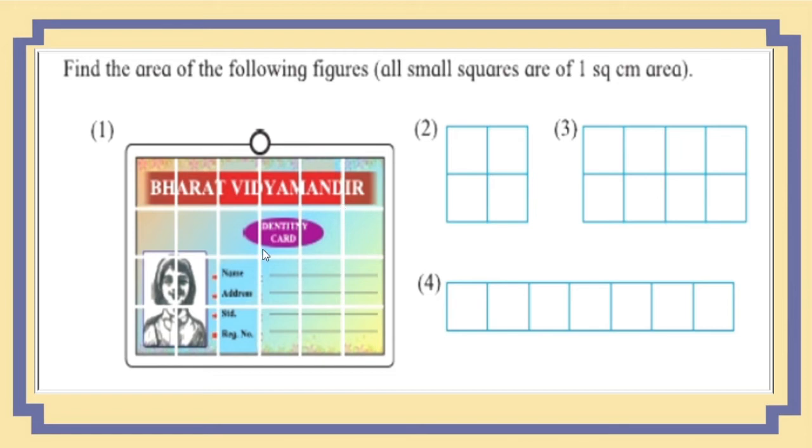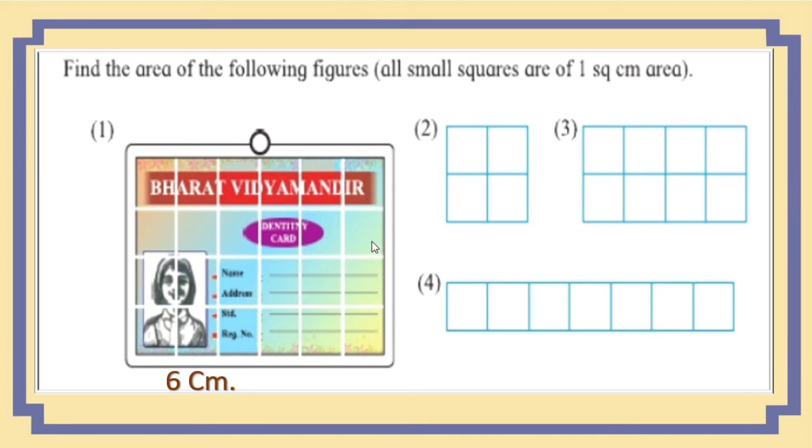Bharat Vidya Mandir ID. Here we can see some squares. Now we will try to find out the area of this I card. See here 1, 2, 3, 4, 5, 6. 6 squares are there. So we will write here 6 centimeter first. This is length. And what is the breadth here?